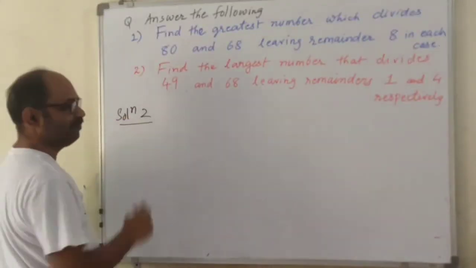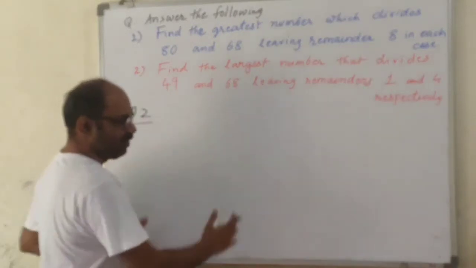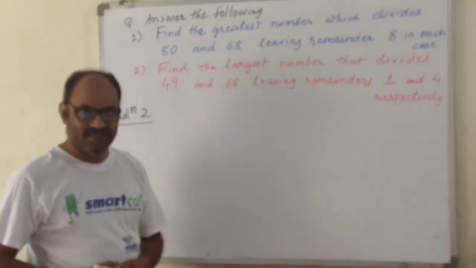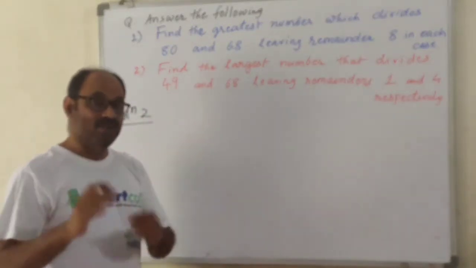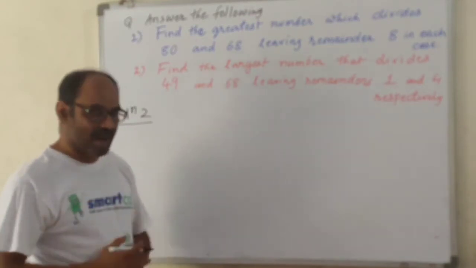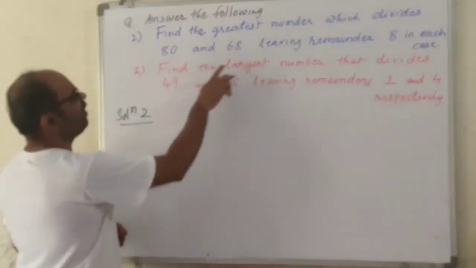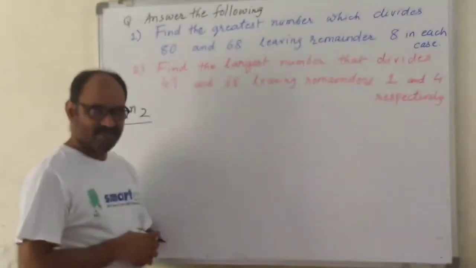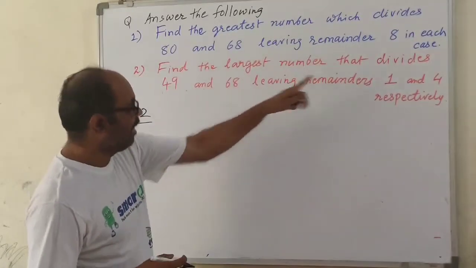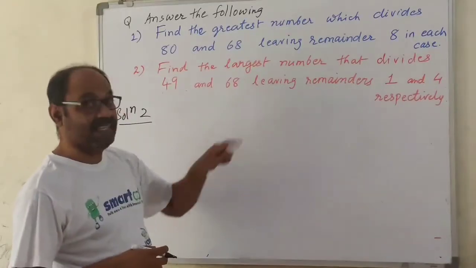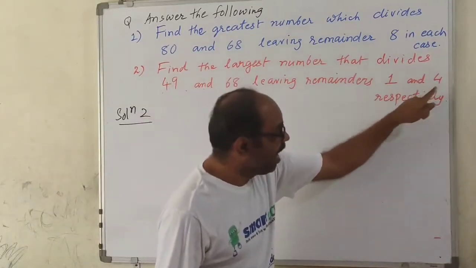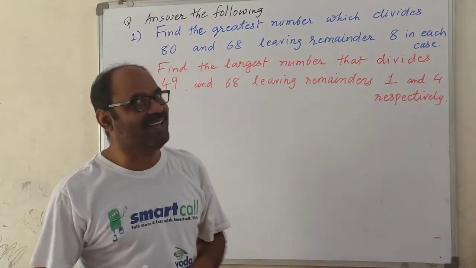Solution of 2. See, I'm going to present this very nicely, so that you also know exactly how to write in the answer sheet. Find the largest number that divides 49 and 68, leaving remainders 1 and 4 respectively.